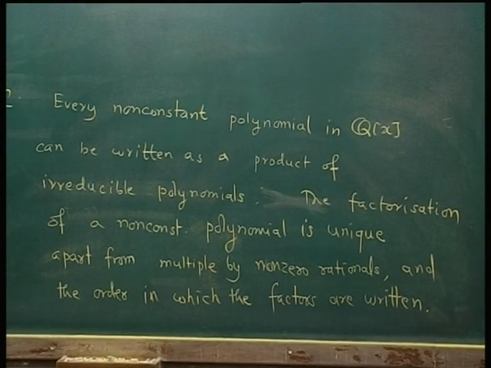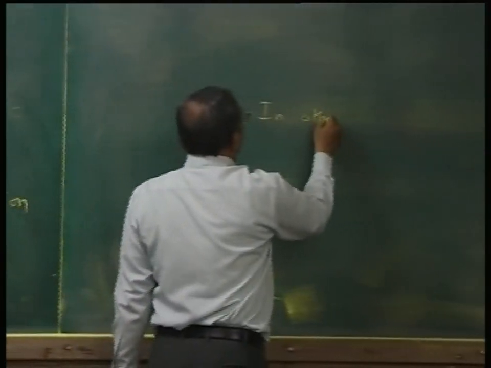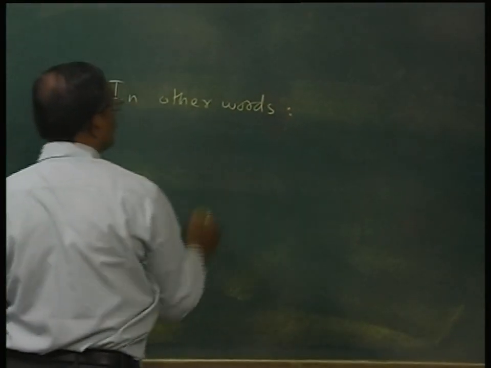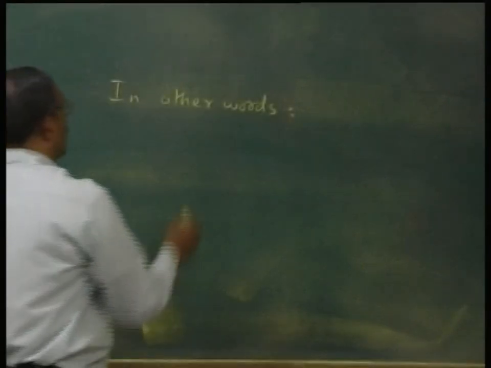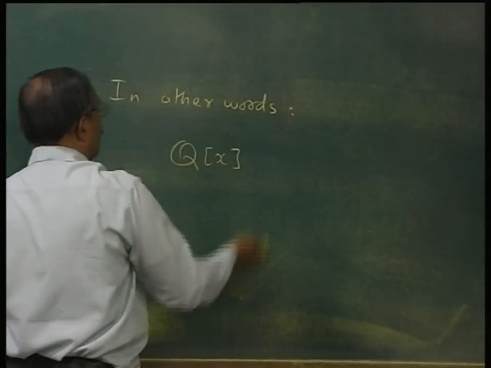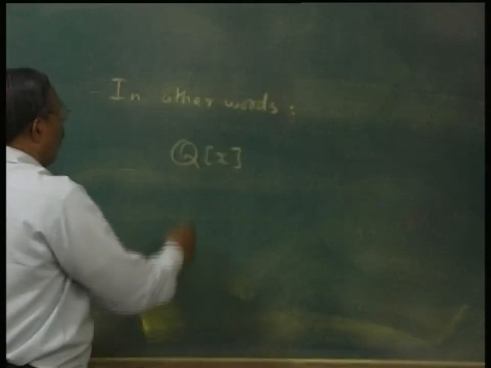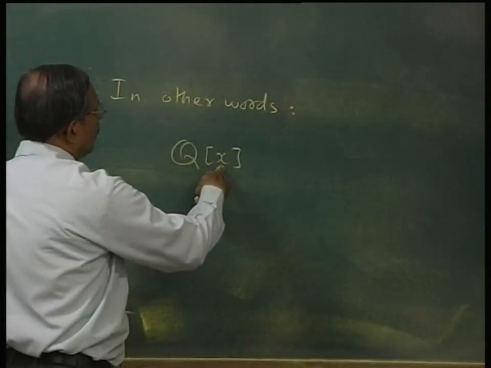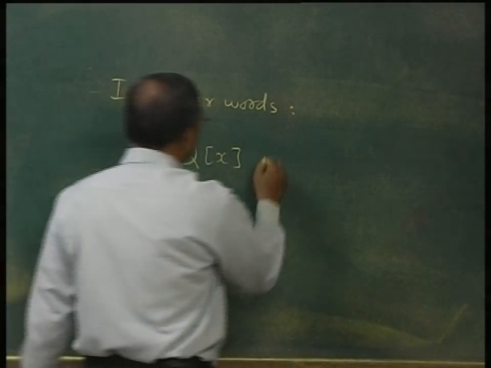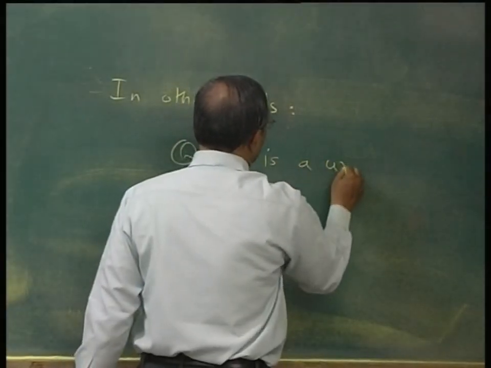This property is described by saying that Q[x], the set of polynomials over Q in one variable x, this is a ring, is a unique factorization domain.